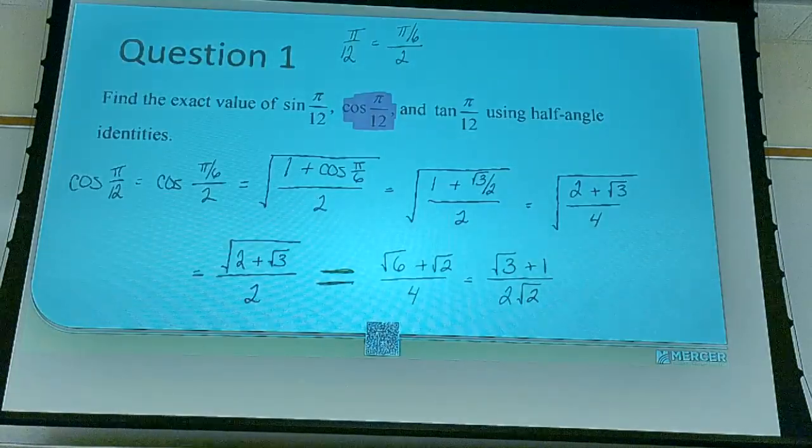But again, cosine pi over 12 can only have one value. So same number, different forms.